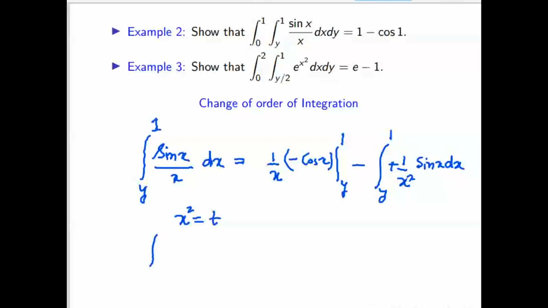That means you want to do integration by substitution and you are substituting x square equal to t. Then what will be the next step?